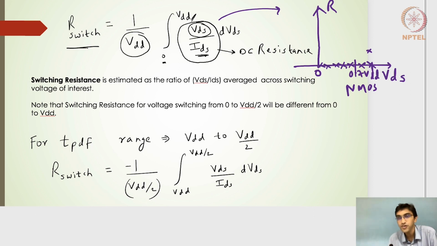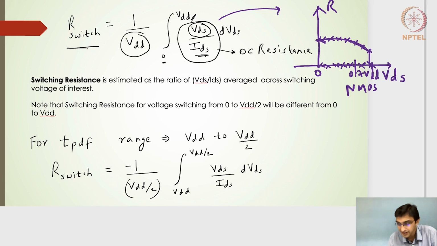If you are looking for the switching resistance value for a range of 0 to VDD or VDD to 0, we might end up seeing something like this for the resistance values. I'm just drawing an example; I'm not sure whether this is a real profile. What this integration from 0 to VDD does is take all these resistance values across this VDD range.